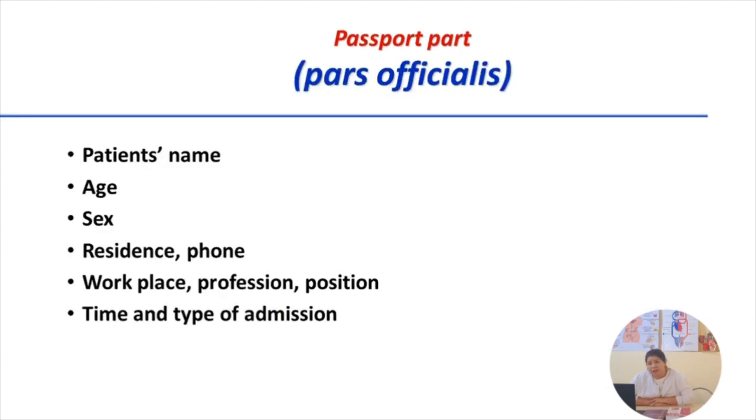First is the passport part, pars officialis, and patient complaints. Then history of the present illness, Latin name anamnesis morbi, and life history, Latin name anamnesis vitae. Of course, before asking the patient about his passport part, you have to introduce yourself: who you are, and what position you are working in.